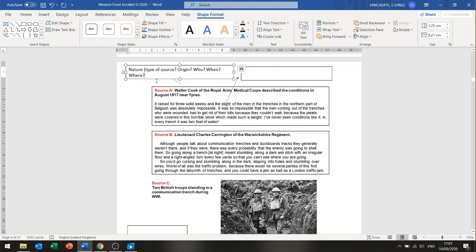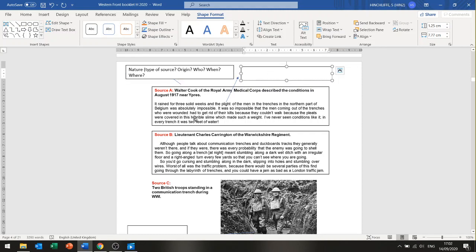This is really significant because as historians, we look at sources because we want to know whether we can trust them or not, and what they reveal, what insight they give us. So already we know this is a soldier who was there at the time. He was at Ypres in August 1917. He's going to be able to add lots of value to what we already know about the Western Front.